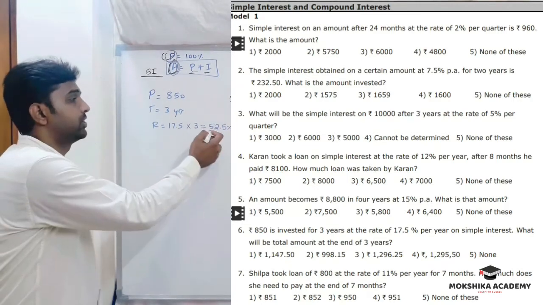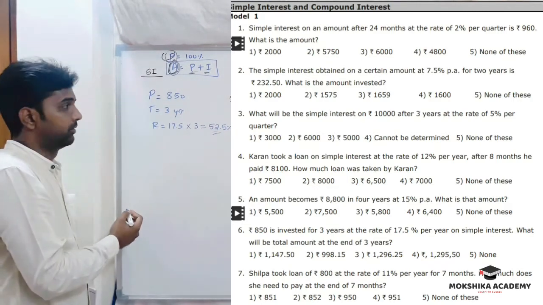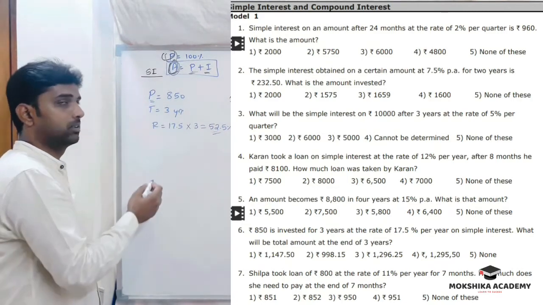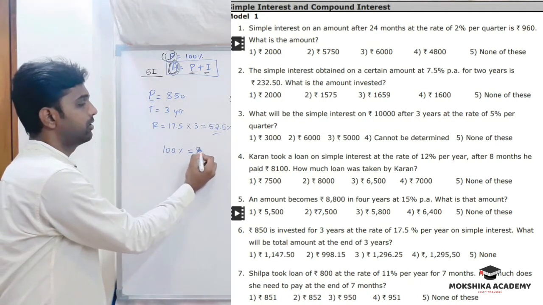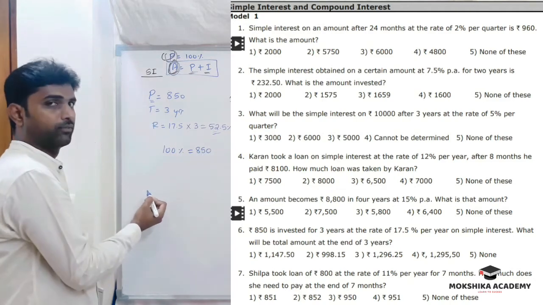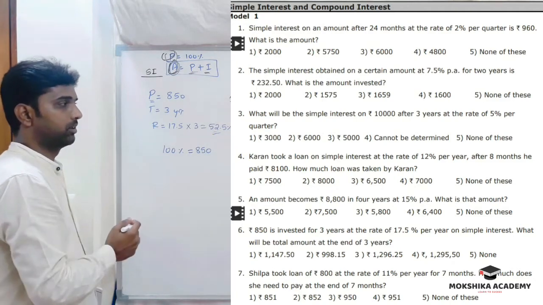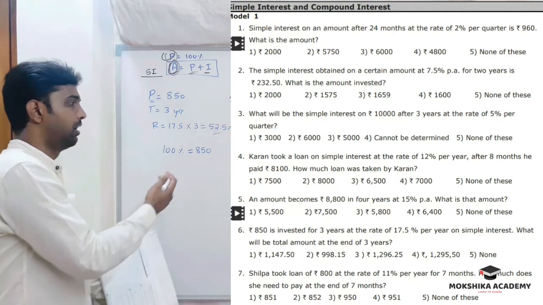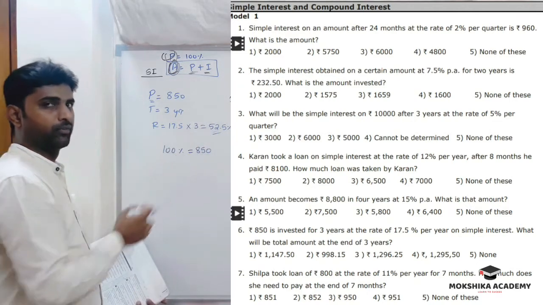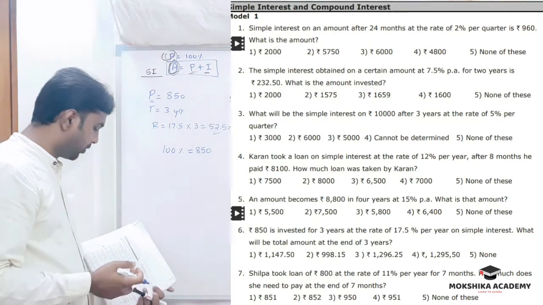So the interest is 52.5%, student. We know that the principal is 850. What is the principal? 100% is equal to 850. First we will calculate this one, then we can calculate the amount, that is principal plus interest. You can do both, or here directly take 100 plus 52.5, that is 152.5%.